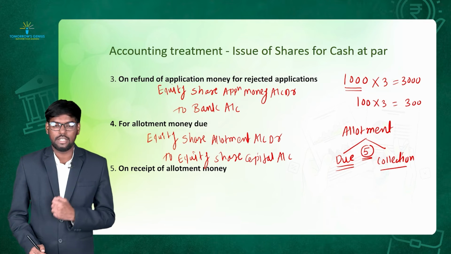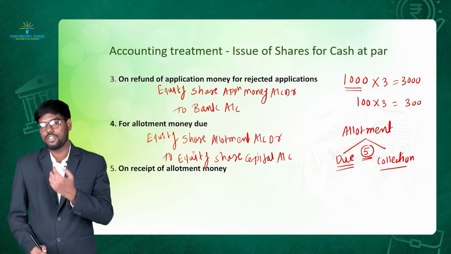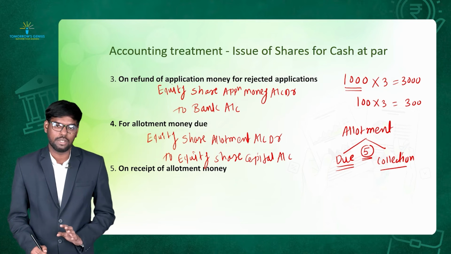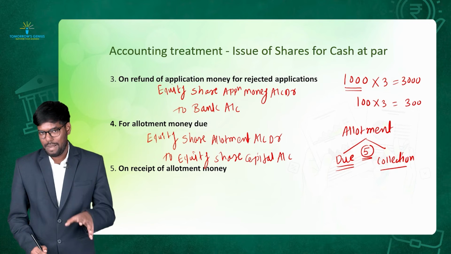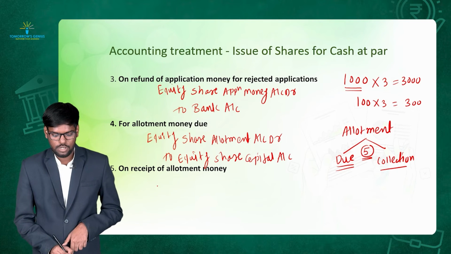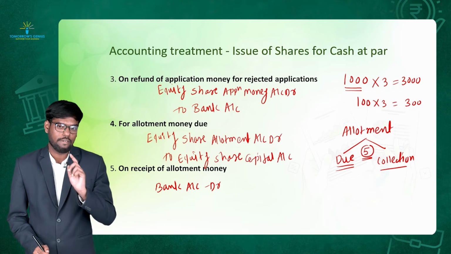Okay. After passing the due entry or transfer entry, I need to pass a journal entry for collection of the allotment money. So what will be the entry? If you are collecting money, then you have to debit bank account. Bank account debit, right? Which money have you collected?